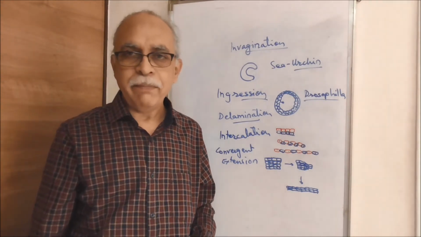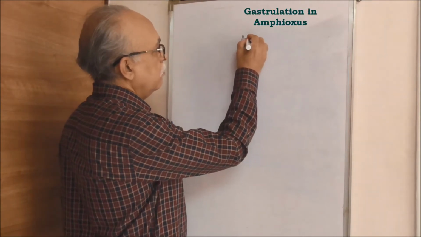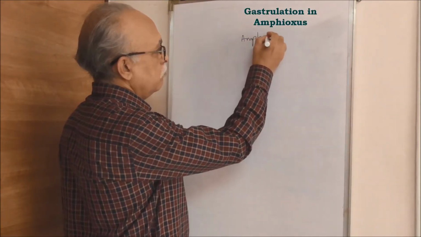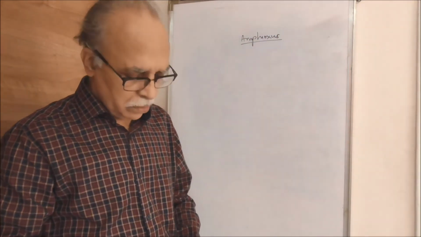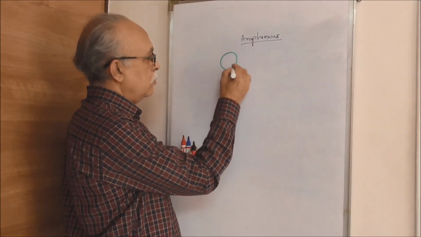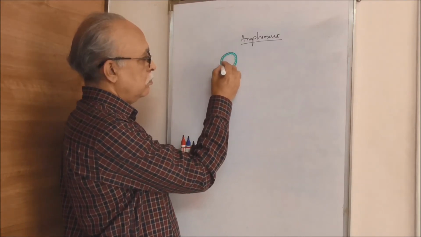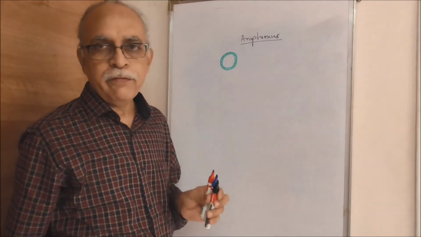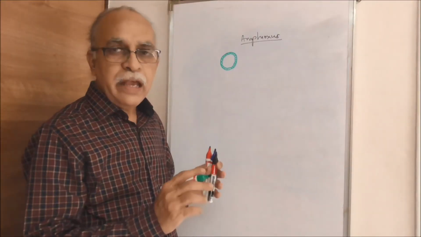Let's take specific examples and understand. To begin with, Amphioxus. This is the blastula stage. One single layer of cells. It undergoes invagination.